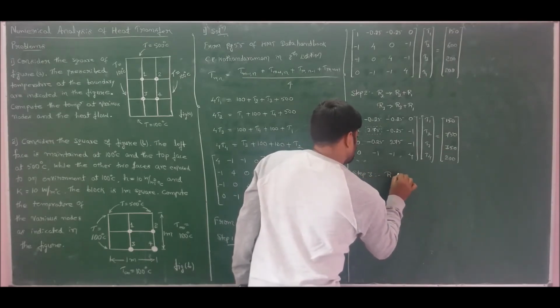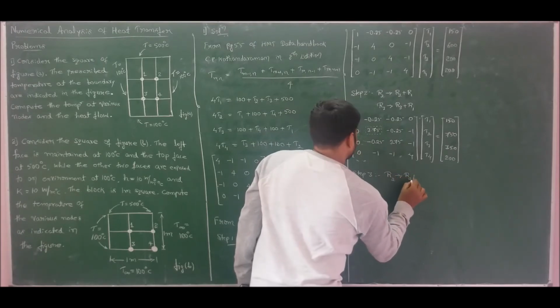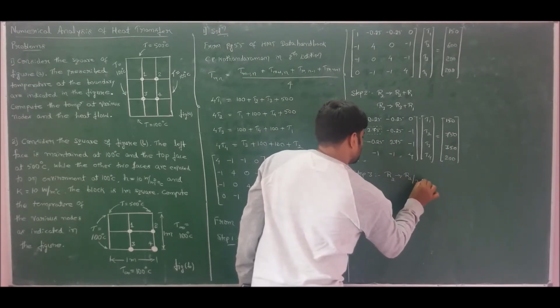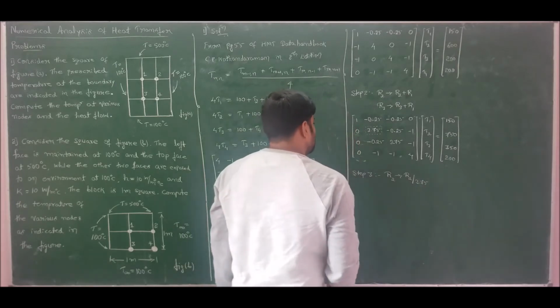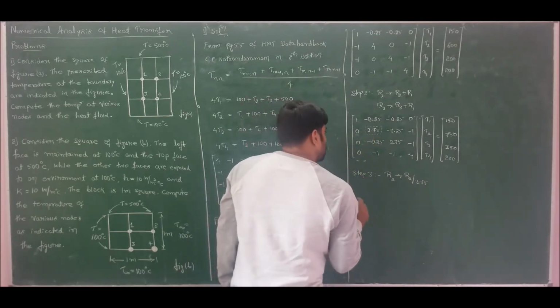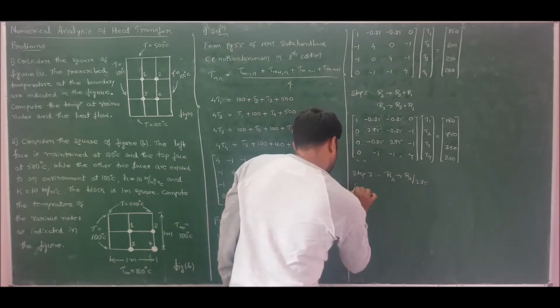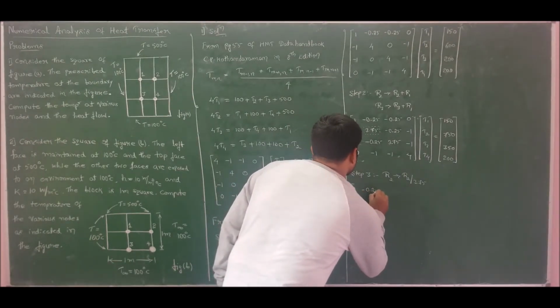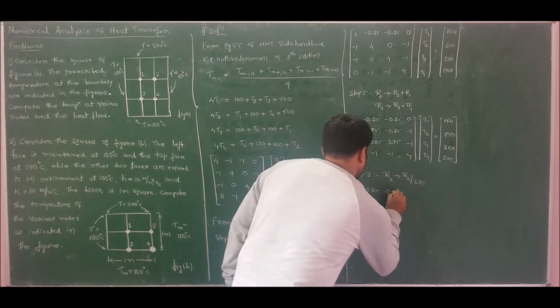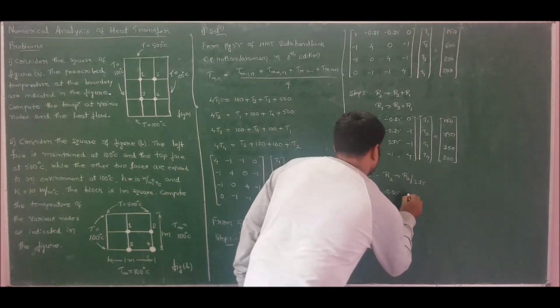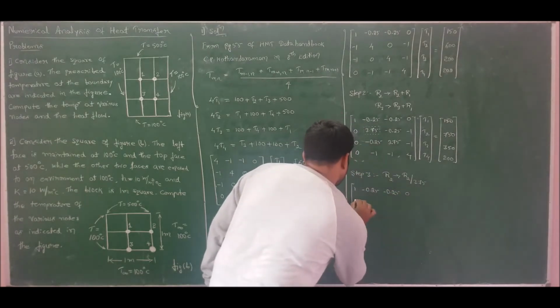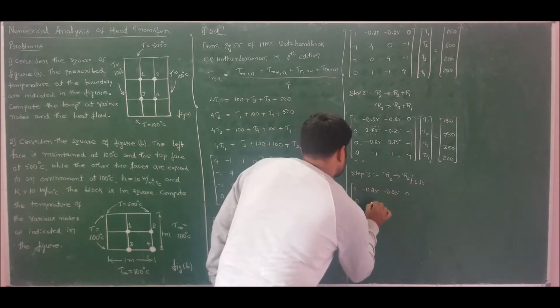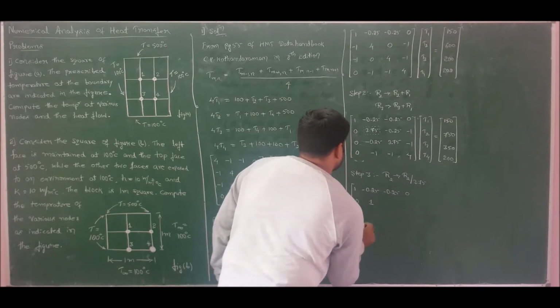So thereby I can make this key element as 1, and I'll end up with 1, minus 0.25, minus 0.25, 0, 0. 3.75 by 3.75 is 1.